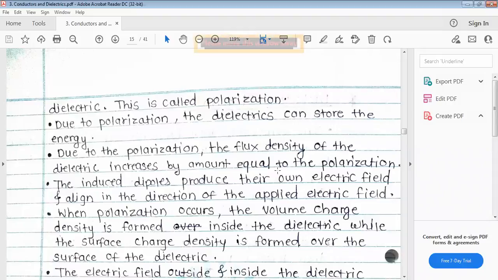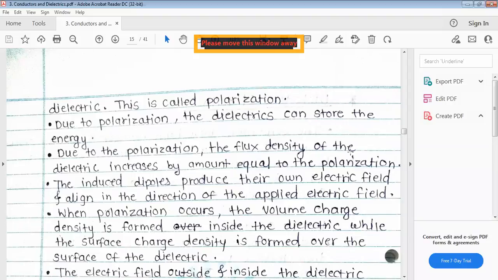Due to polarization, the flux density of the dielectric increases by an amount equal to the polarization. Can anyone tell me how the flux density is increased there?